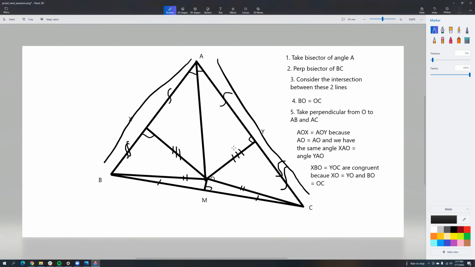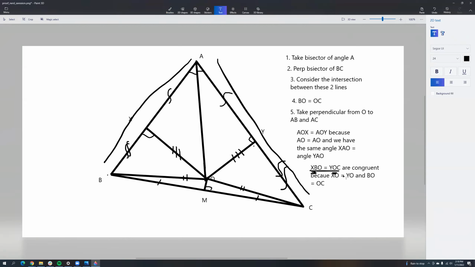And it's over. So what do you think? Is it XBO equals YOC or YCO? XBO, YOC. This is correct, I think. XBO, YOC. Yep. Well, it's okay. The order is like this, XOB.